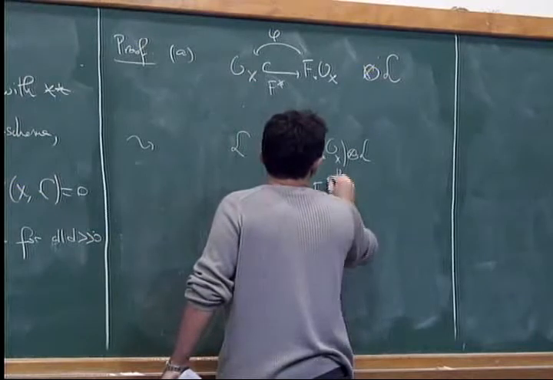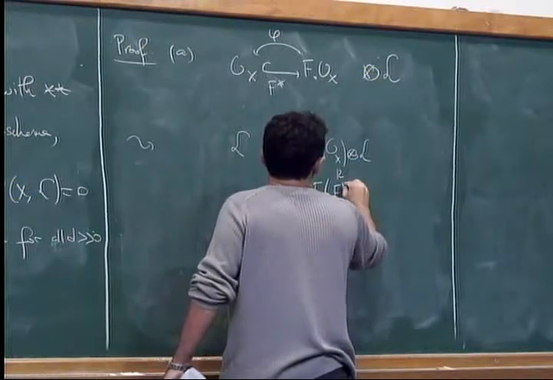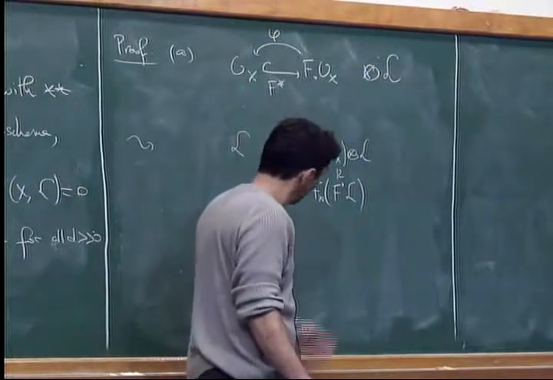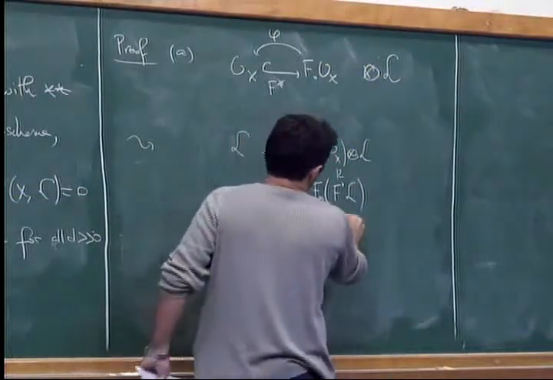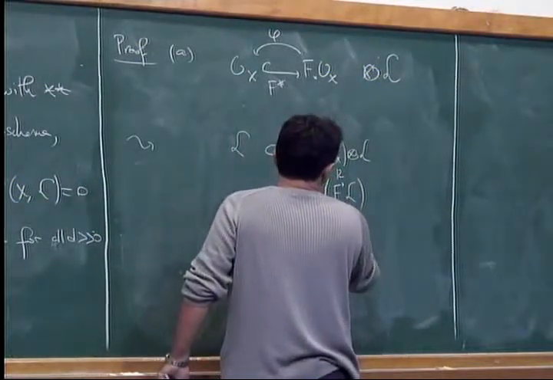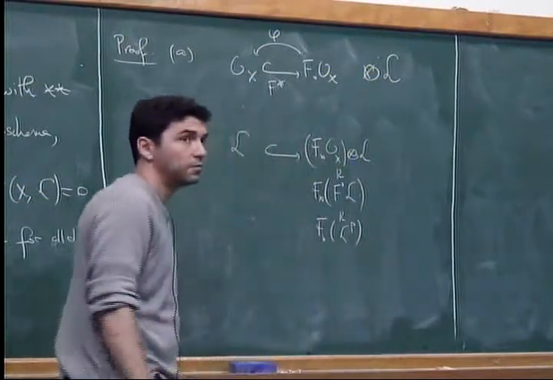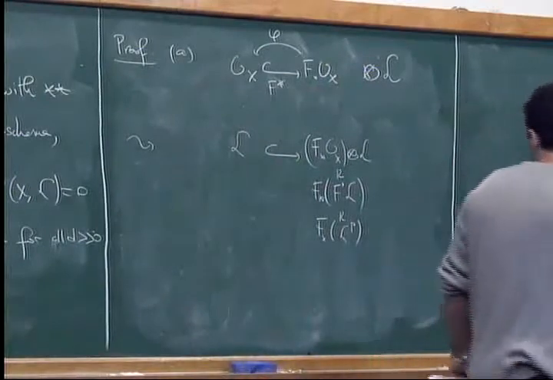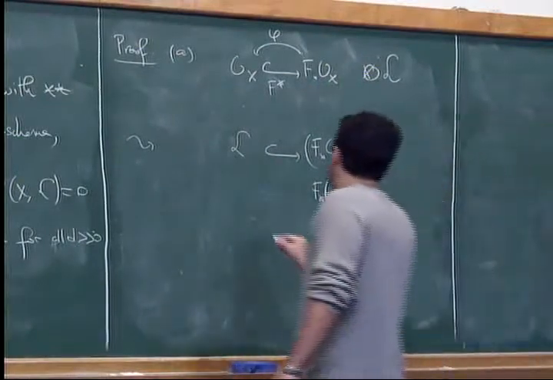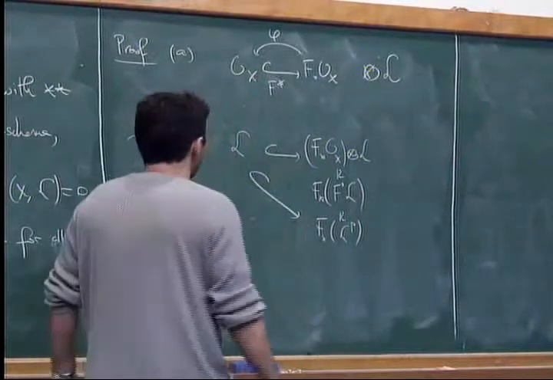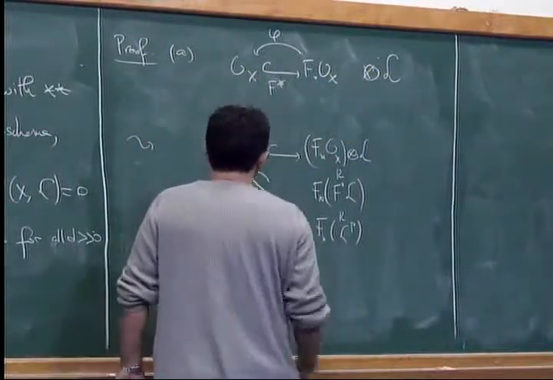So this is nothing but F, the push forward of the pullback of L. And it's easy to see that the pullback of L is nothing but L to the power p, just looking at the transition functions if you want. So in the end, you get an inclusion of L into these guys.